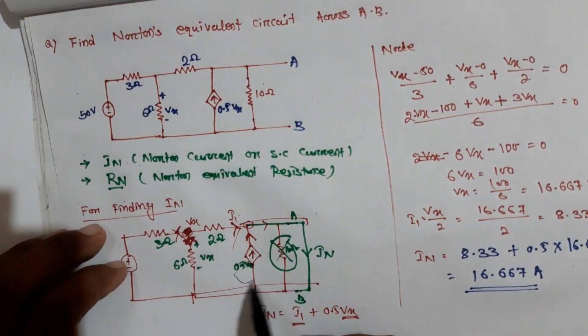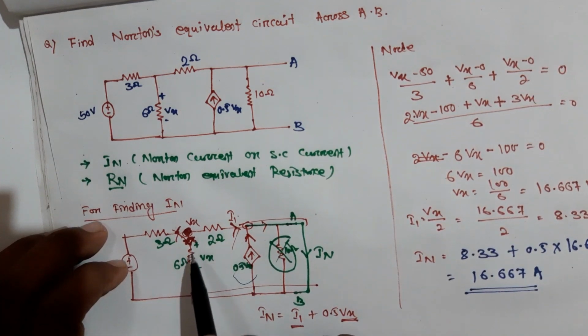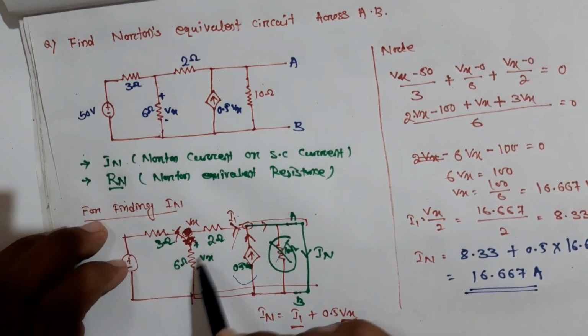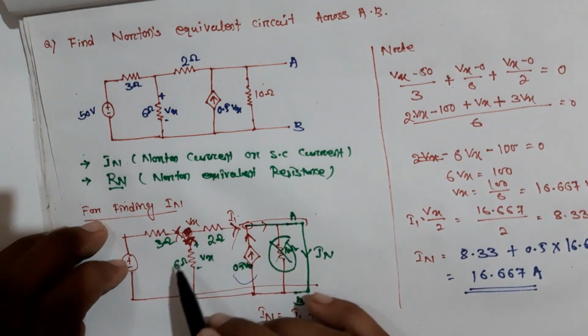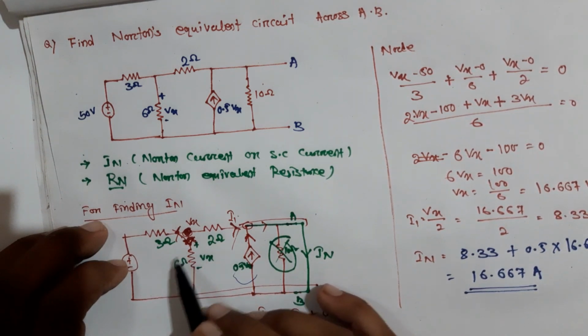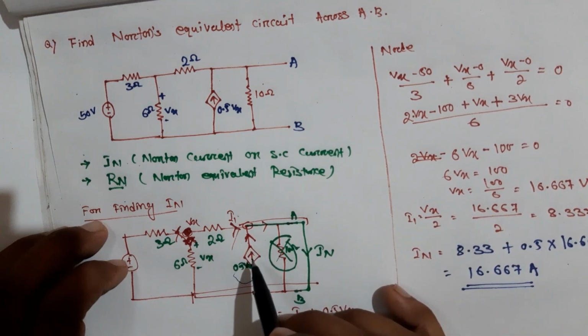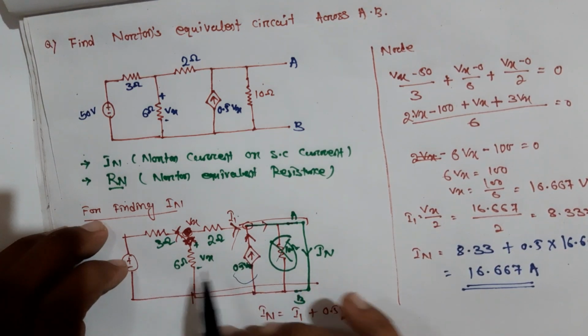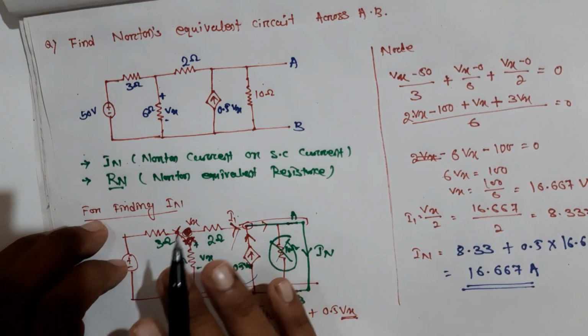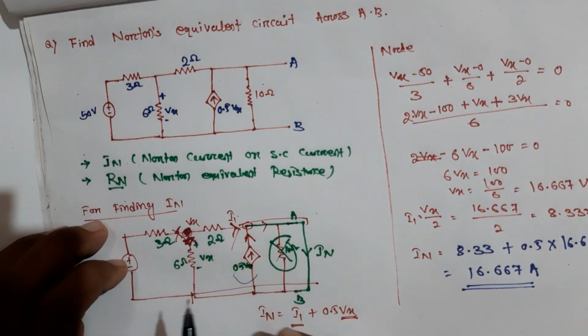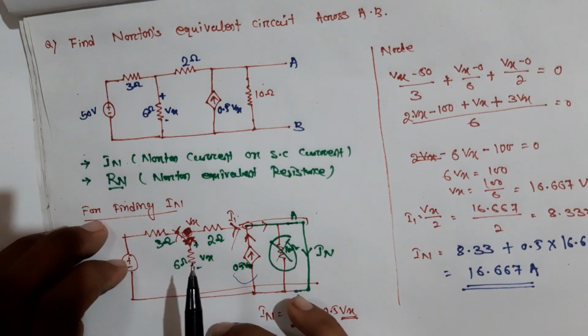if we deactivate this source, we need to change the value of the 6 ohm. When the value of the 6 ohm changes, the circuit itself changes. So we cannot affect the dependent source in any theorem, and we need a different approach.